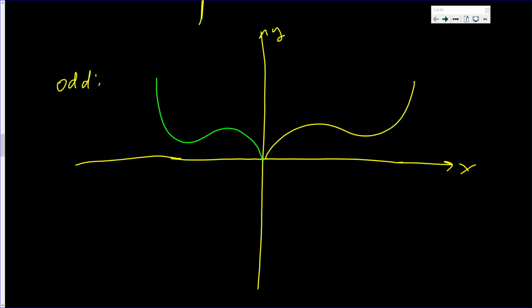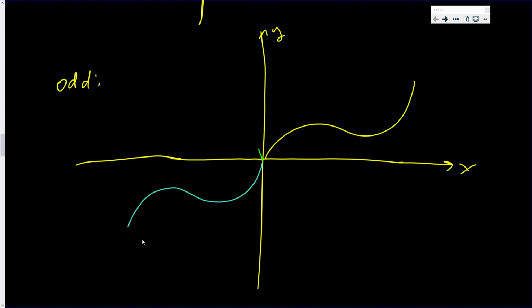And what I would get is something like that. Okay? Now this green part is gone. It helped me, but it was gone. That there is a graph of an odd function.